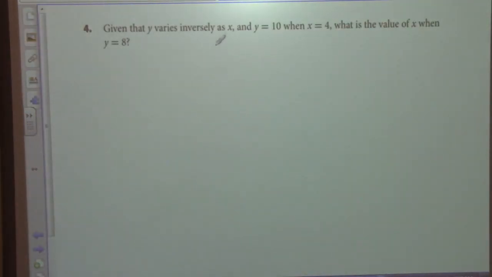I set it up like the first one. Okay, so how did you set that up? You said x times y equals 10 times 4, which equals 40. Okay, so you have xy equals 40, then what?